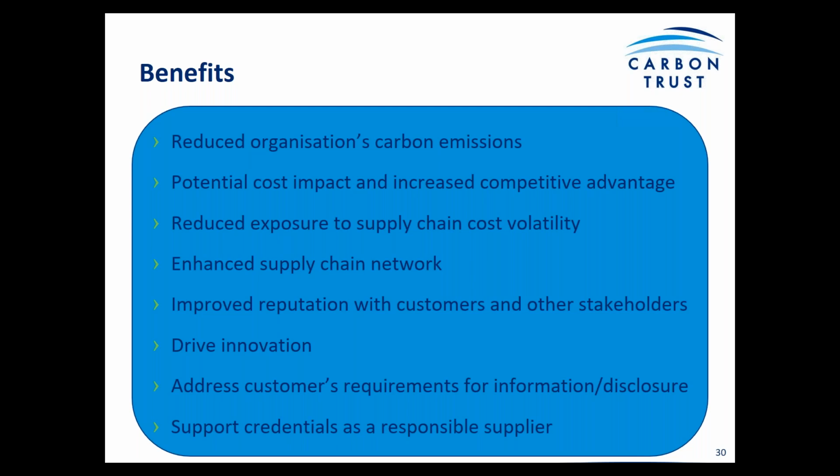It's in many cases the key to drive innovation in product design or in business model design. It helps address customers' requirements for information or disclosure, as we saw from the TCFD and the Science-Based Target Initiative. And it certainly will support your credentials as a responsible supplier and any claims that you want to make in this area.